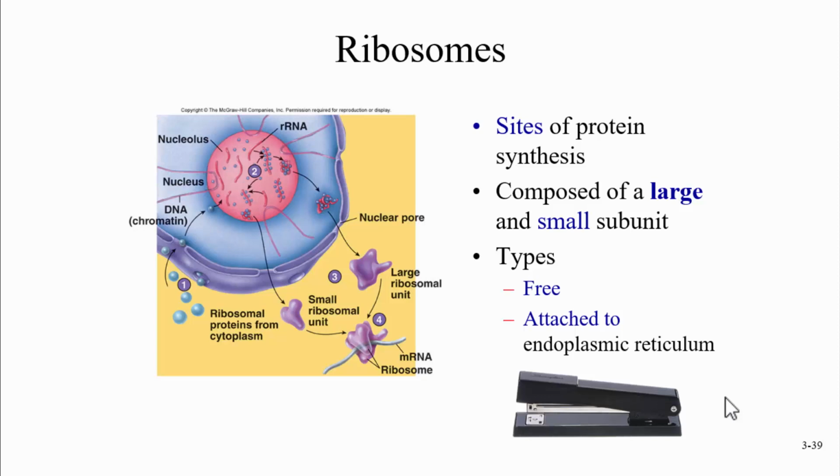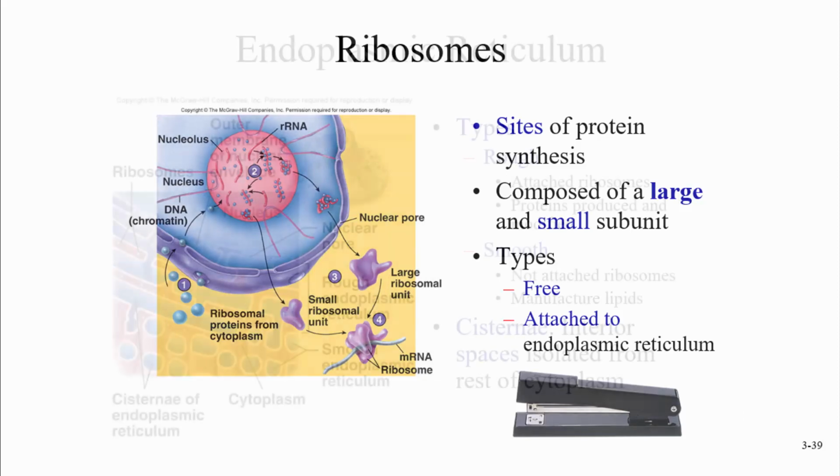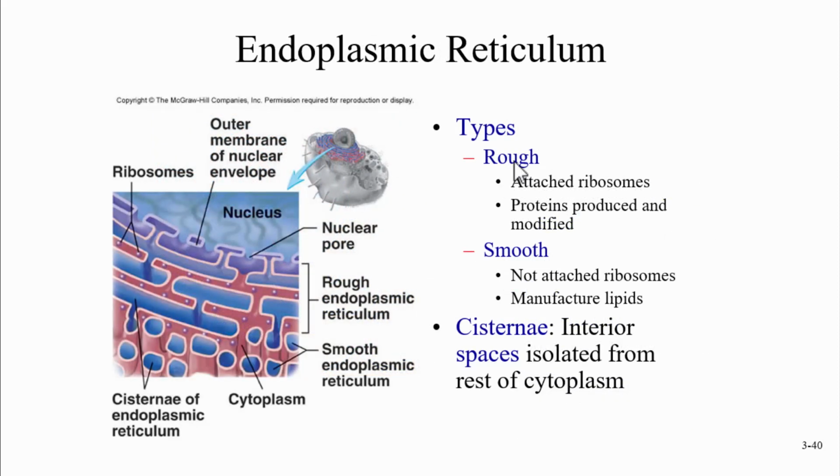And what's the texture of sandpaper? It's rough. And so this is where we're going to have our rough endoplasmic reticulum. And so, again, the rough endoplasmic reticulum has attached ribosomes, and proteins are produced and modified here. So that's the function of rough endoplasmic reticulum, to make proteins.